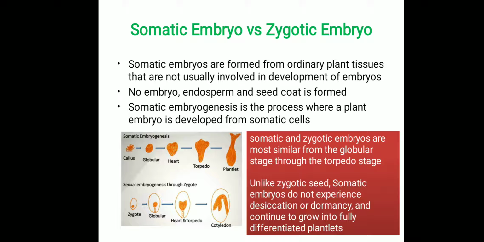Whereas in the zygotic embryo, the zygote forms after fertilization of gametes, then it undergoes globular stage, heart stage, torpedo stage, and cotyledon or seed will form. Somatic and zygotic embryos are most similar from the globular stage through the torpedo stage. But after maturation, unlike a zygotic seed, a somatic embryo does not experience desiccation or dormancy and continues to grow into fully differentiated plantlets.